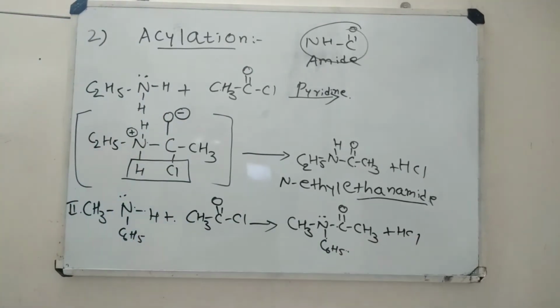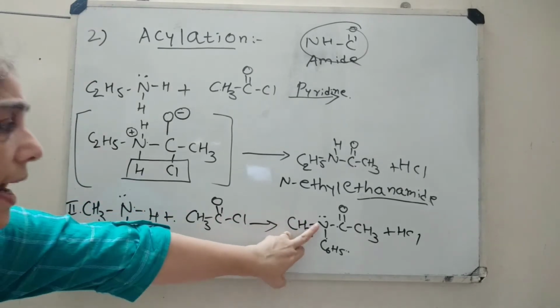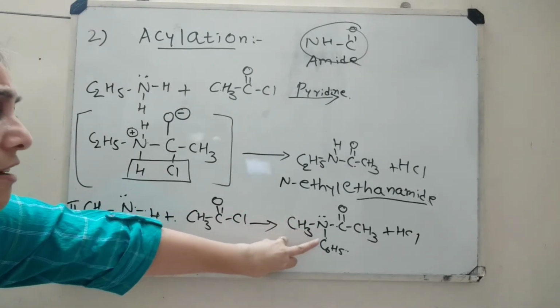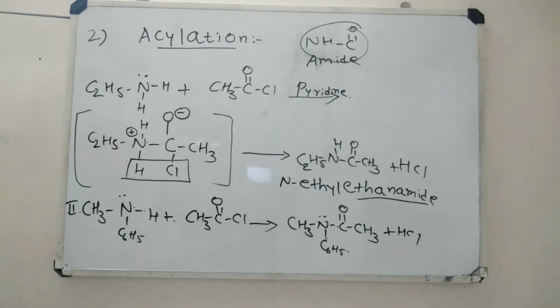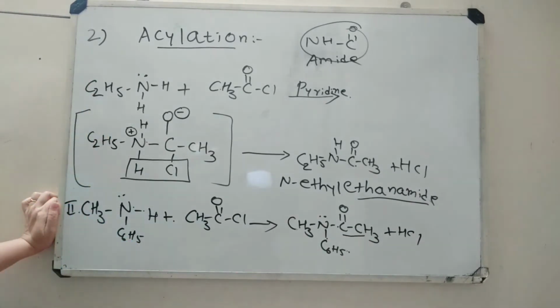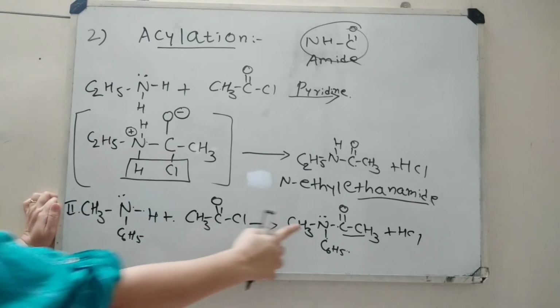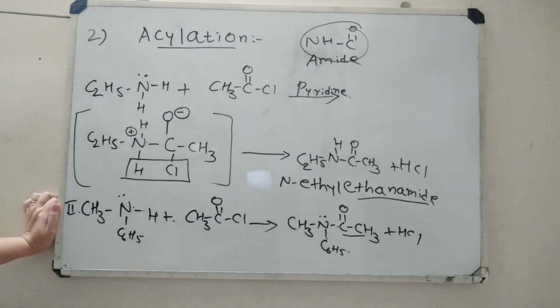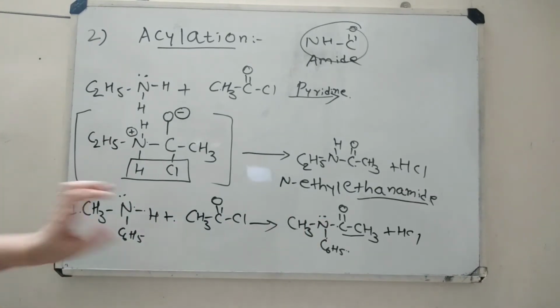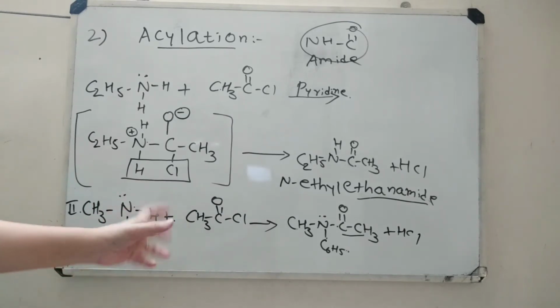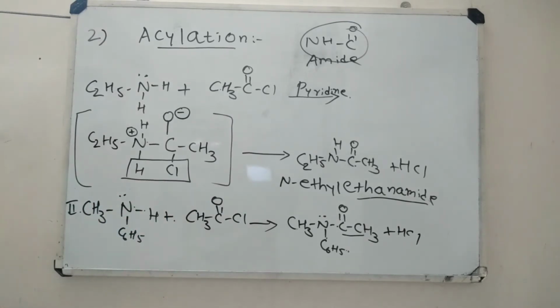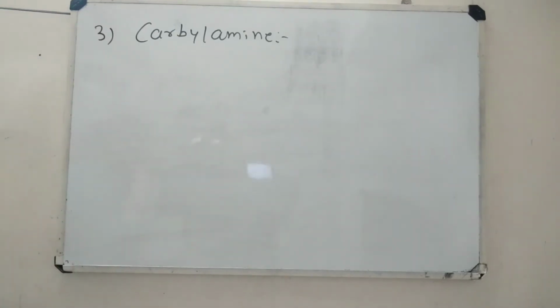What is the name of this compound? It is known as N-methyl N-phenyl ethanamide. Why ethanamide? Because 2 carbon atoms are there, so it is ethane, and the NHCO group is known as the amide group. So it is N-methyl N-phenyl ethanamide.